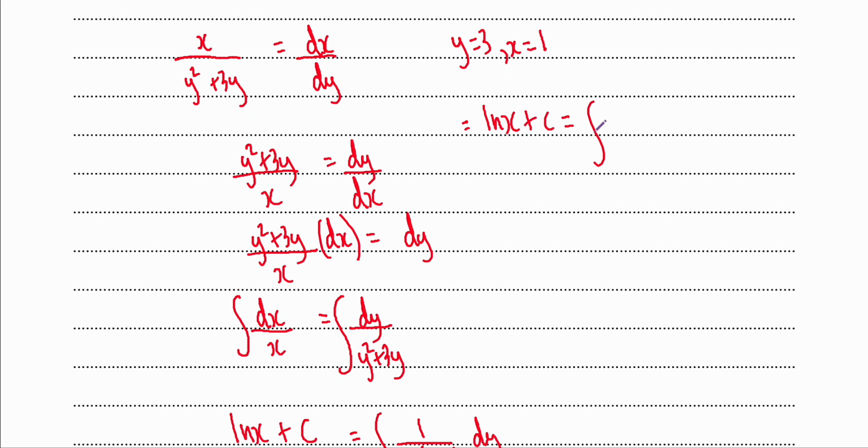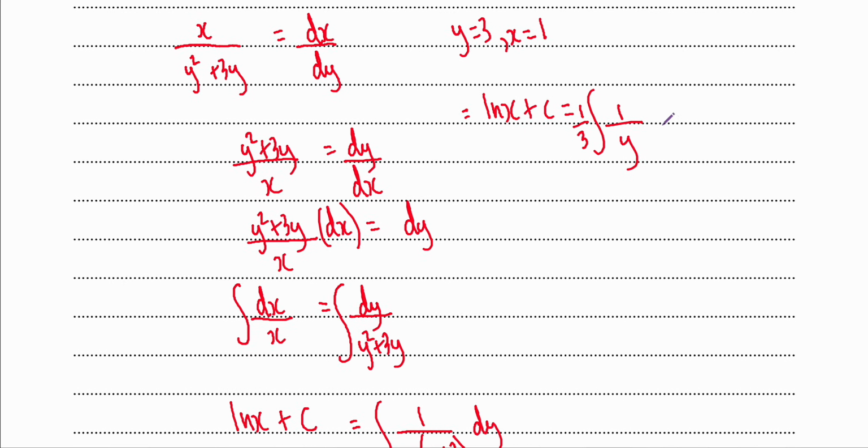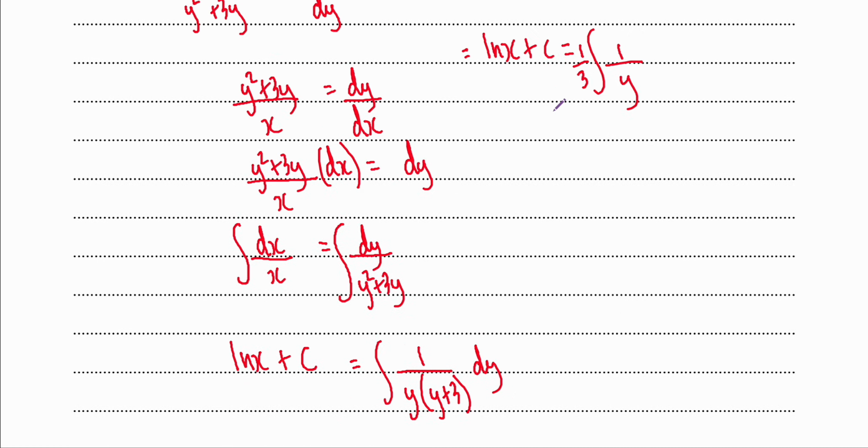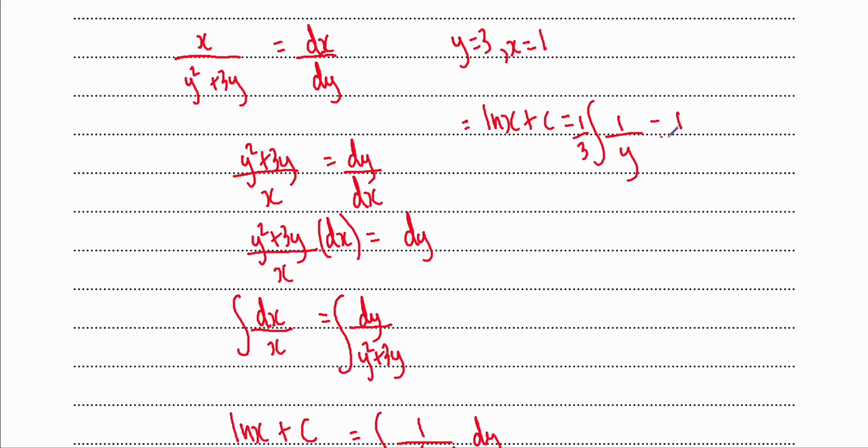Let's bring the 1 over 3 outside. So you have 1 over 3 times the integral of 1 over y minus 1 over y plus 3, dy.